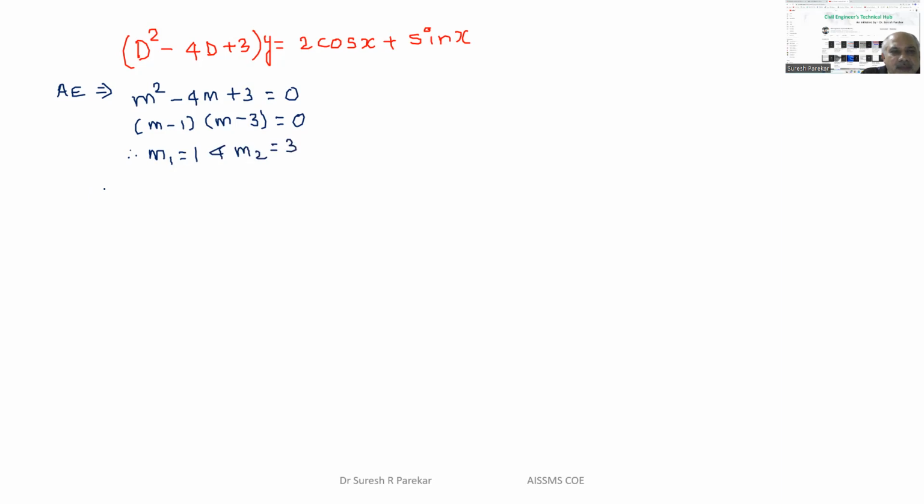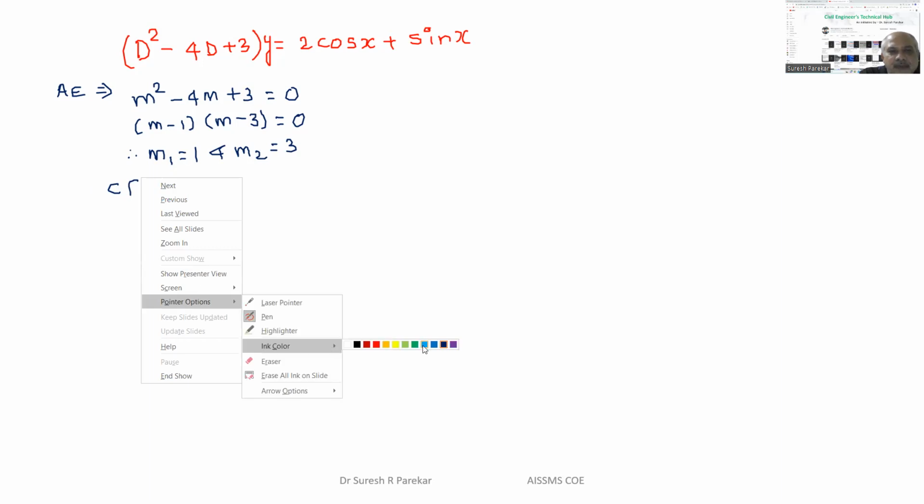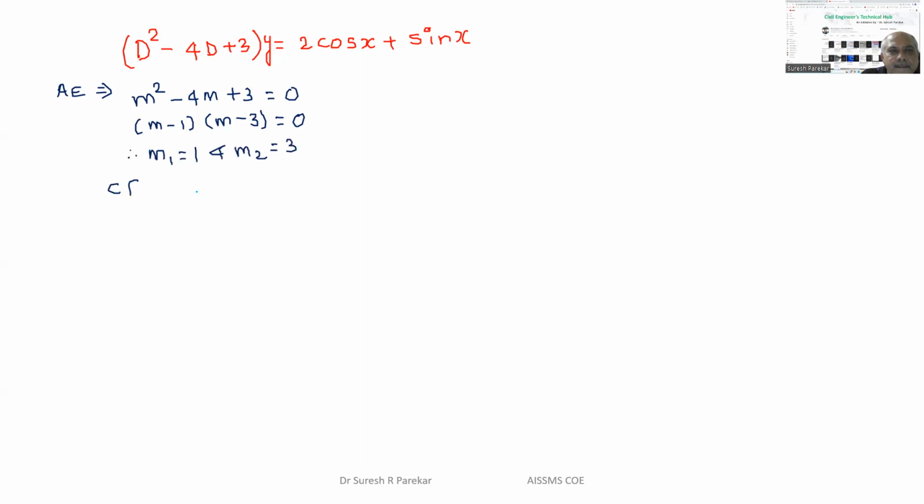So our complementary function is C1 e raised to x plus C2 e raised to 3x, for this problem. Now we have to go for the particular integral.